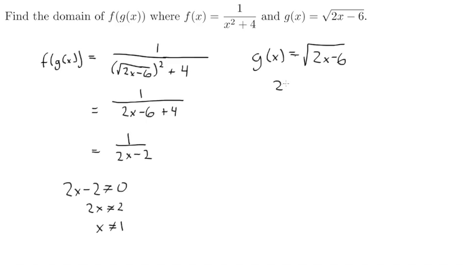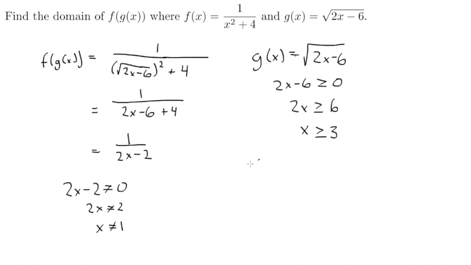That needs to be bigger than or equal to 0. So 2x needs to be bigger than or equal to 6, and x needs to be bigger than or equal to 3. So I need to satisfy both of these things: x needs to be at least 3, and x needs to not equal 1.